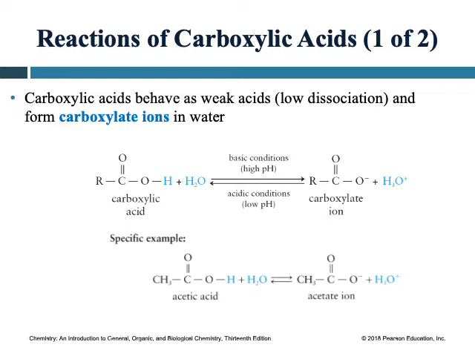So now let's talk about a couple of reactions that carboxylic acid shows. The first one is the acidic property of the carboxylic acid. So let's talk about the acidic property or acidic characteristic.